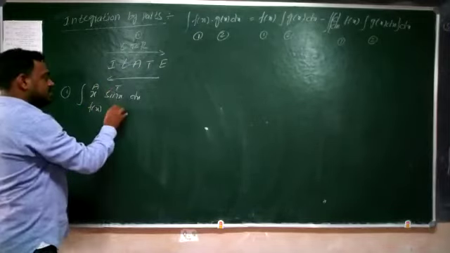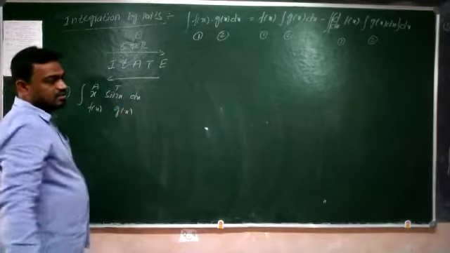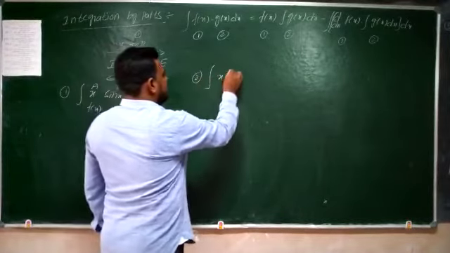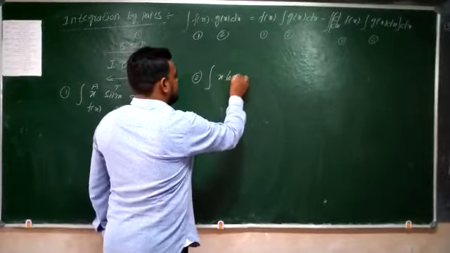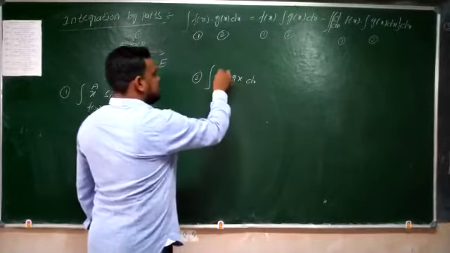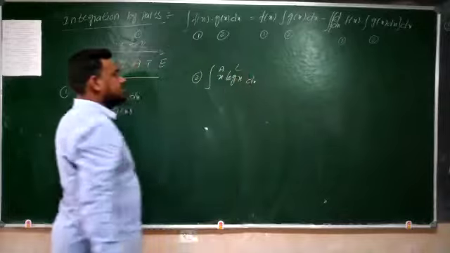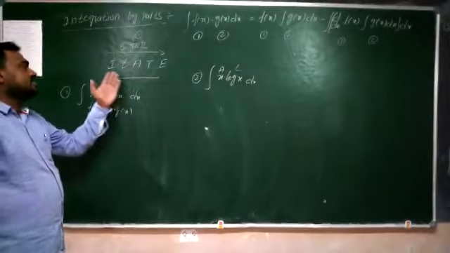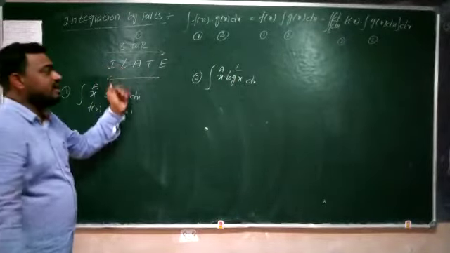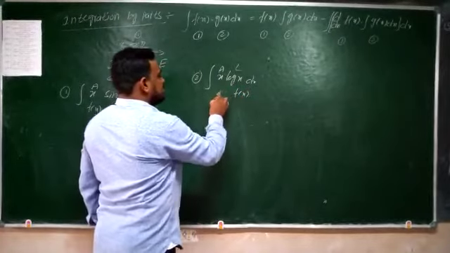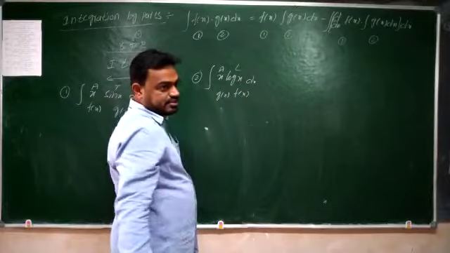The remaining is g of x. Second one: integration of x into log x dx. x is an algebraic function, log x is a logarithmic function. In this order, A is first, so x is f of x, the first function. The remaining is the second function, g of x.